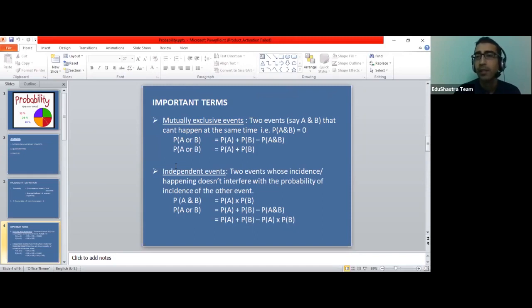Why do I say that? The question won't scream loud and clear, oh, this is an independent event. The question will obviously not tell you. You have to infer, you have to judge, and it'll be pretty clear in most questions that the event is independent.